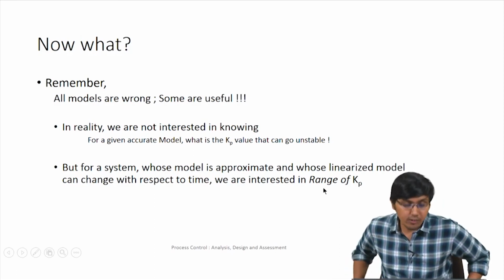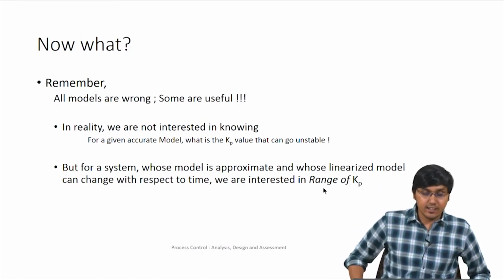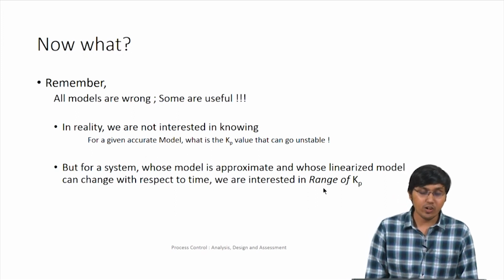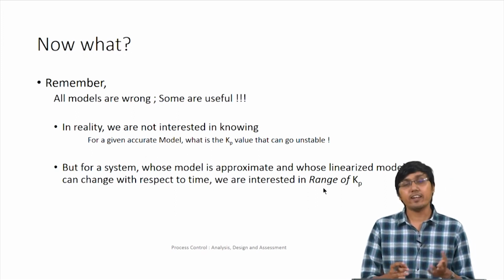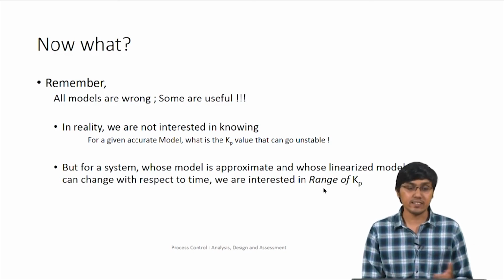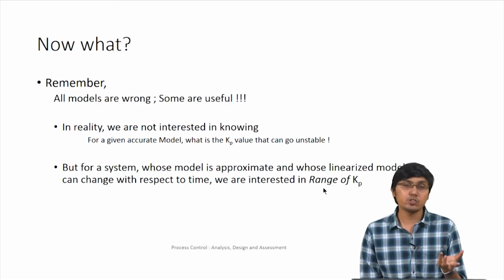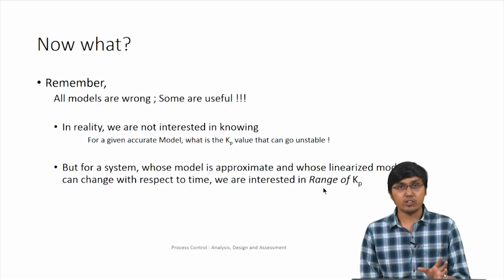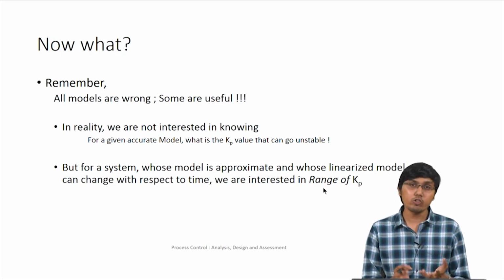Okay, fine. Now we are going to ask another question. Given a system and a transfer function, we are able to tell at what value of Kp the system is going to go unstable. But in reality, how useful are all these things?